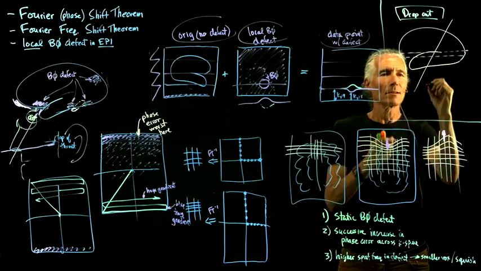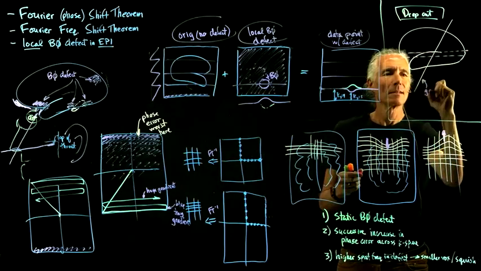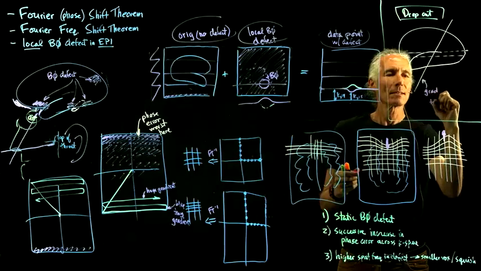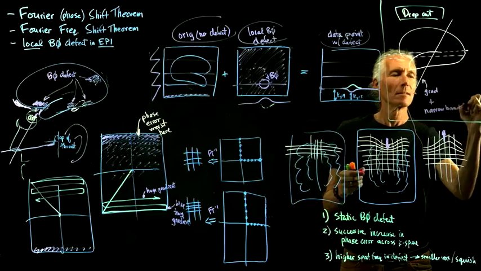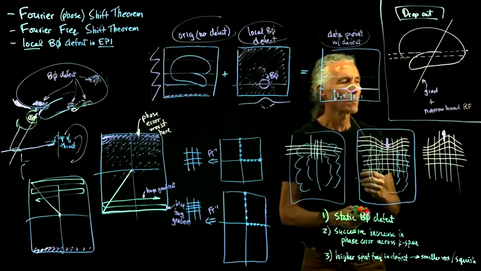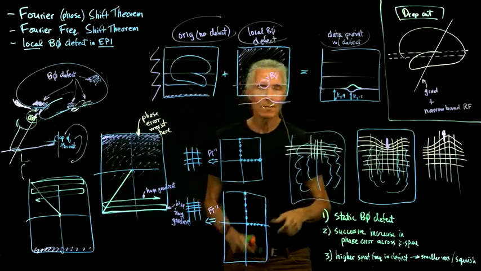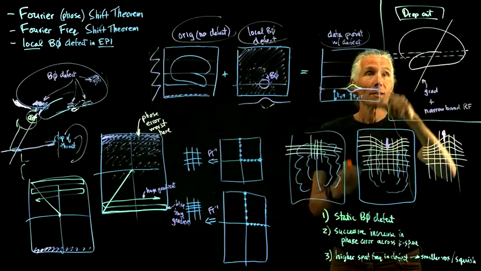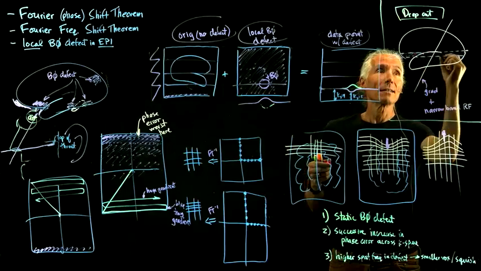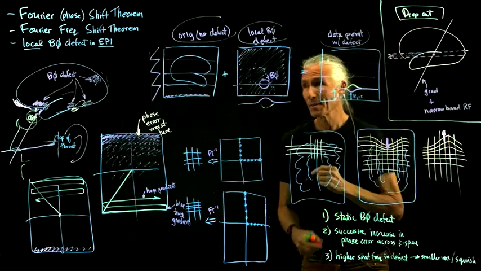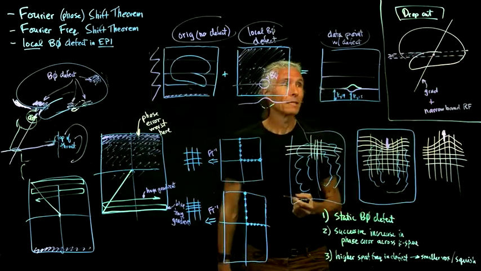So this is gradient plus narrow band of RF. If we put a narrow band of RF, that should just select the guys that were resonating at this particular point in the gradient. So that's our standard slice select.